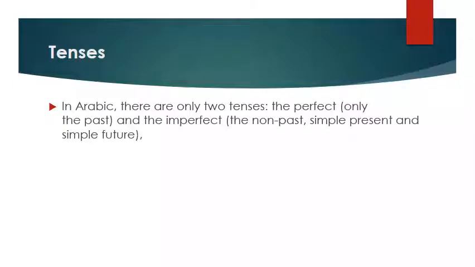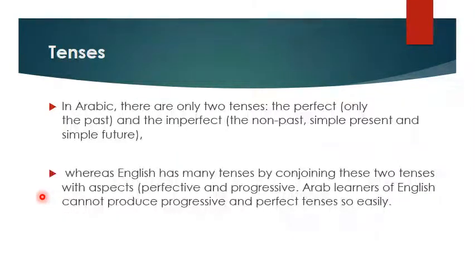Whereas in English we have actually these two tenses, the present and the past, but with other extensions in aspects. What does this mean? We have the present simple. These are the basic tenses, the present simple and the past simple tense, just as in Arabic.